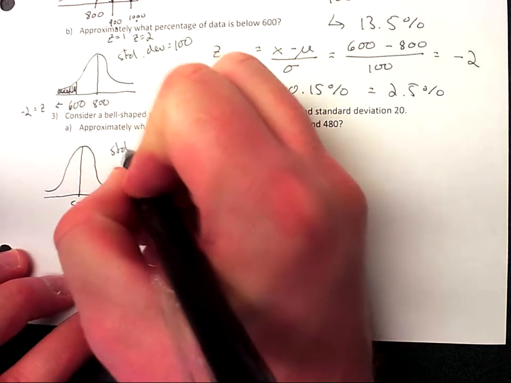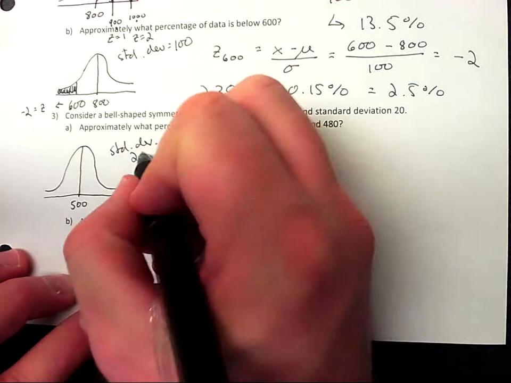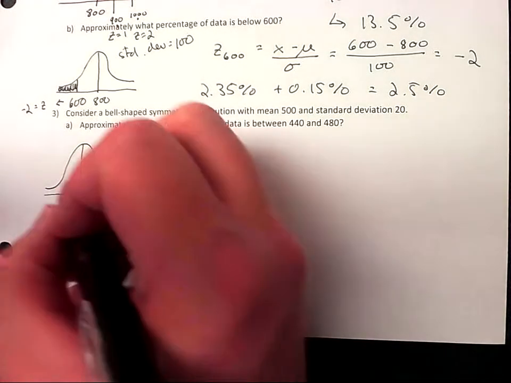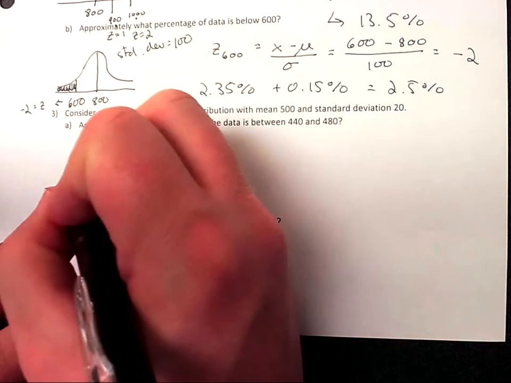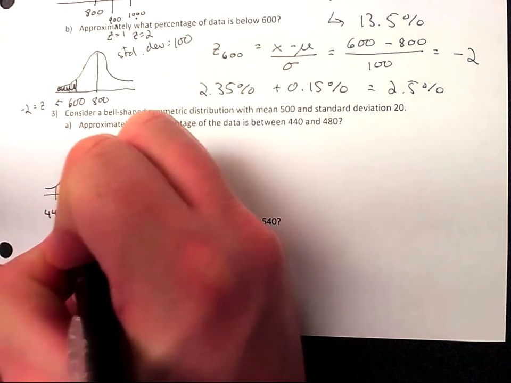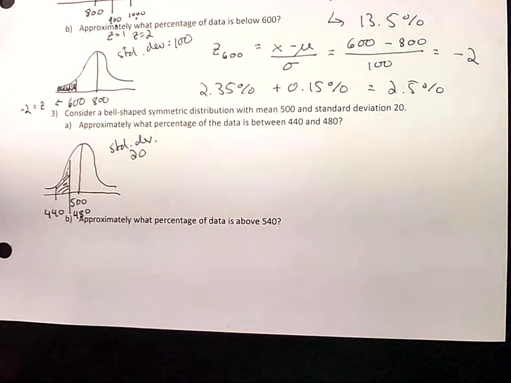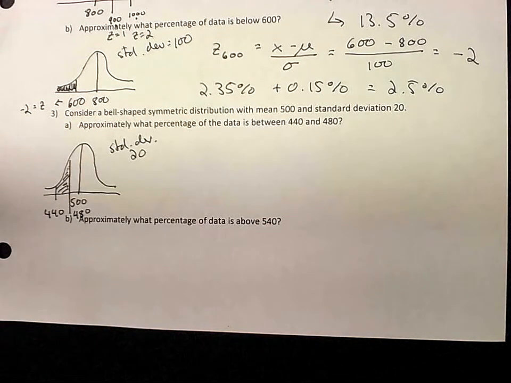And a standard deviation of 20. Approximate what percentage of our data is between 440 and 480? So we're going to try to find this shaded region right here. Is everybody good with that? What's going to be our first step?